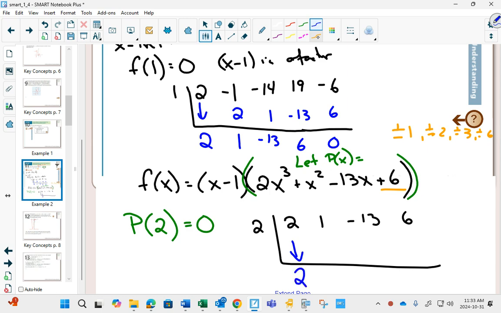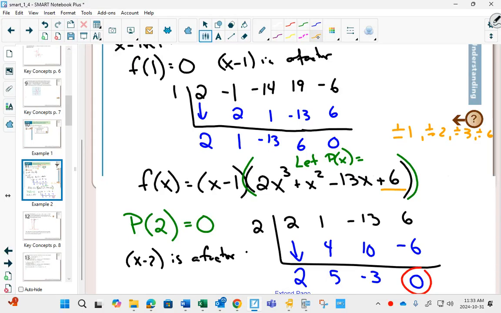So I bring down the 2, multiply, add, multiply, add, multiply. Oh, yay! It worked. And so this means that x minus 2 is a factor of p of x, and therefore also of f of x.